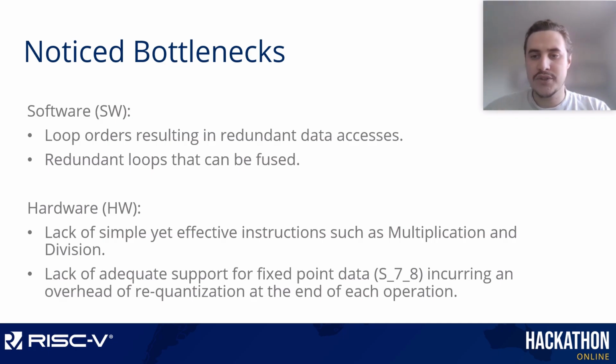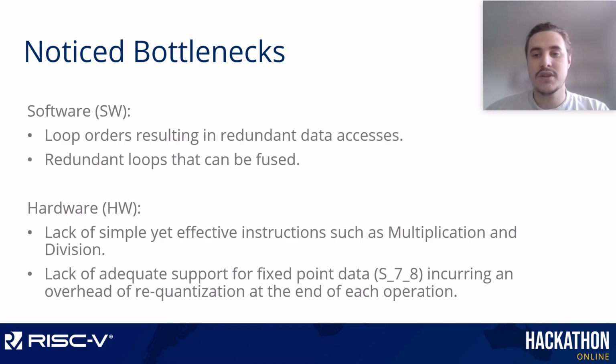Regarding our process, we first analyzed the software and hardware components, mainly analyzing the C code and the assembly of the original program. From the software side, we noticed that there are some loop orders that result in redundant data accesses that can be avoided by changing the loop orders, and also redundant loops that can be fused.